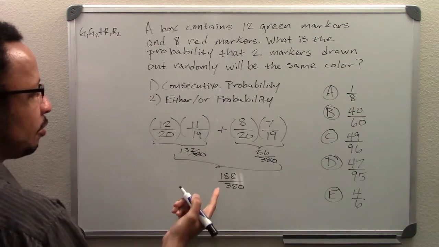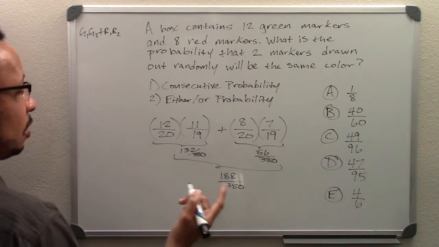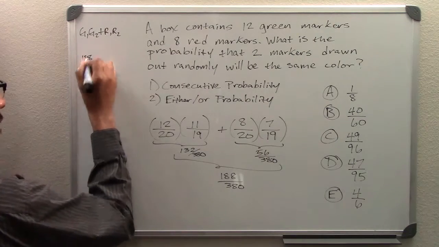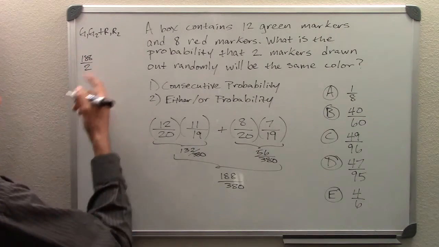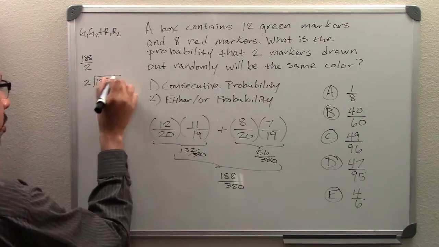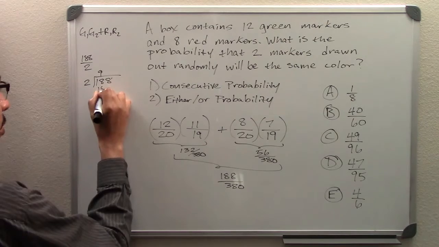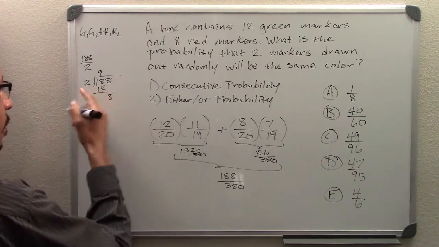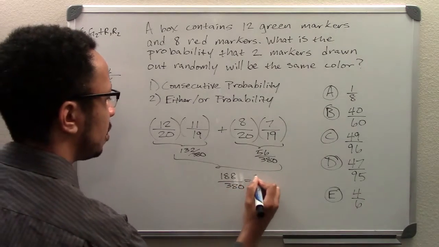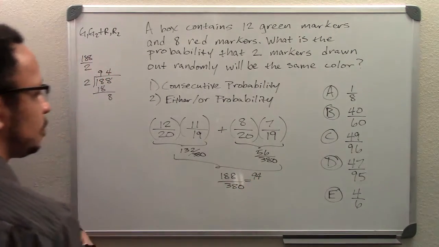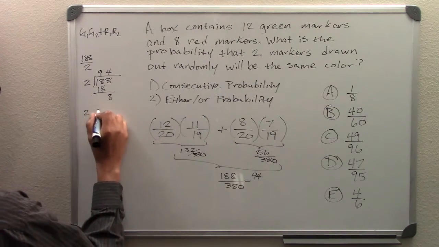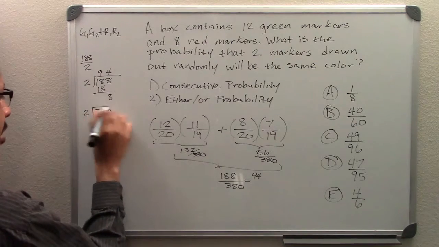188 and 380 are both even. So how many times does 2 go into 188? 2 times 9 is 18. Bring down the 8. 2 times 4 is 8. So we already have 94. If we do the same to the denominator, how many times does 2 go into 380?